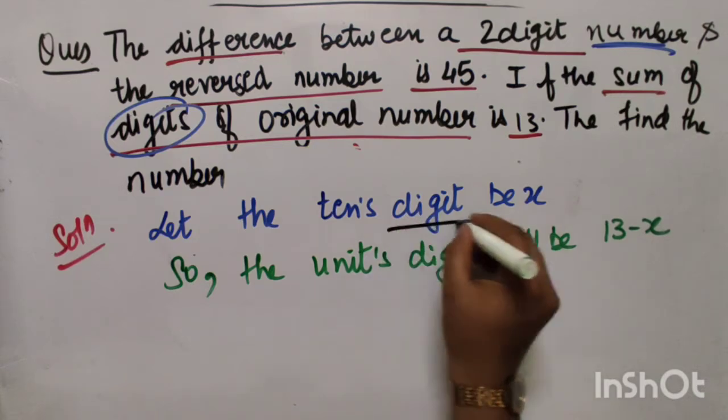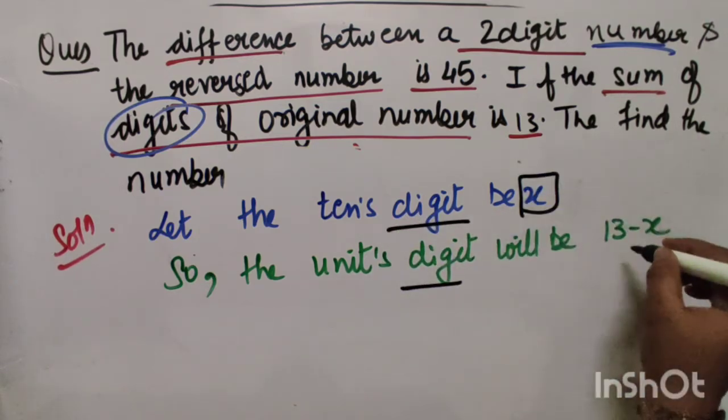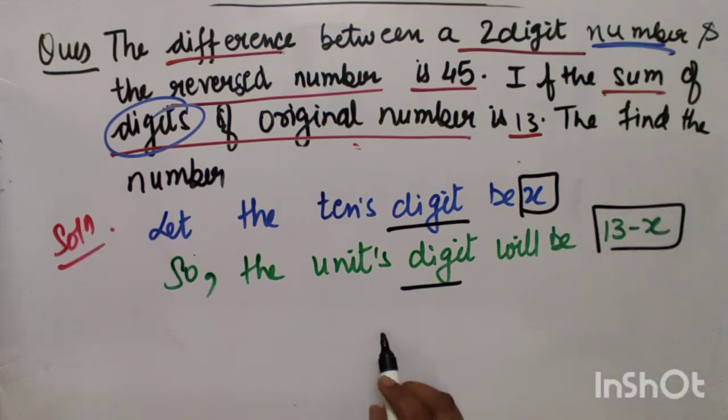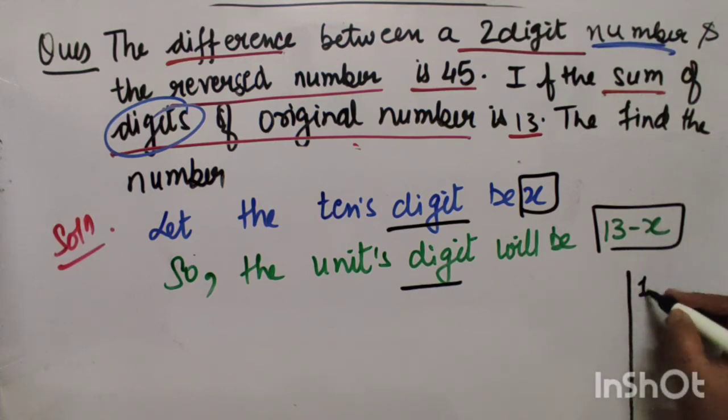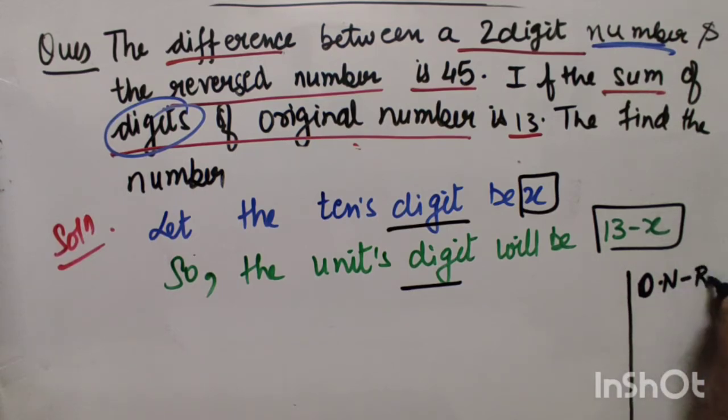Now children, we got the digits. Now we have to form an equation. An equation about what? The original number, I am writing original number as O.N. minus reverse number equals to 45.